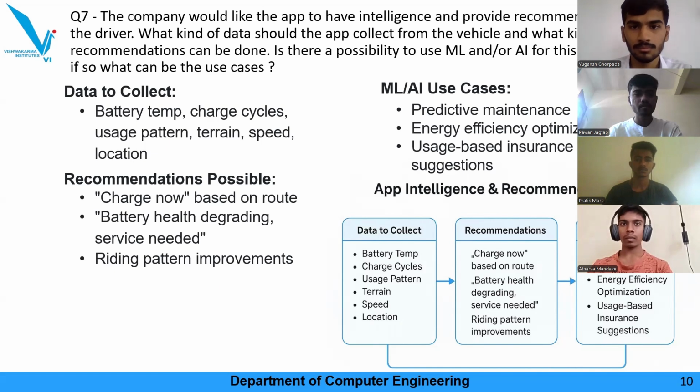Data to collect: battery temp, charge cycles, usage patterns, terrain, speed, location. Recommendations possible: charge now based on route, battery health degrading, service needed, riding pattern improvement. ML AI use cases: predictive maintenance, energy efficiency optimization, usage based insurance suggestions.